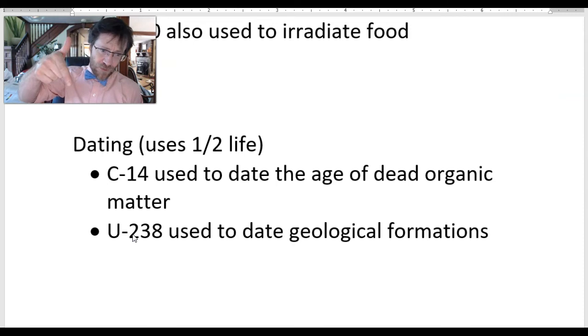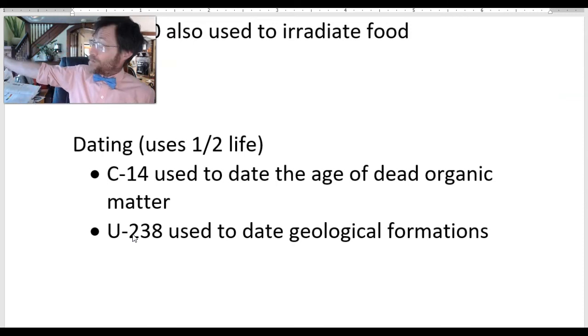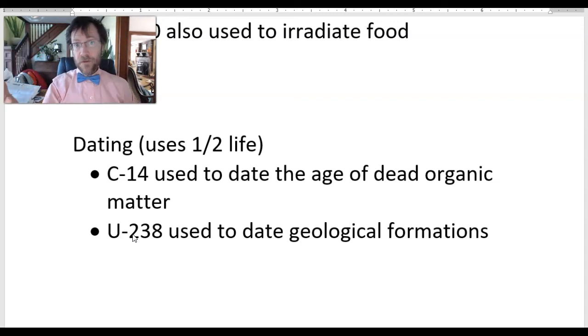Because what we do is we use uranium-238. And so if you go up into the Adirondacks and dig a core of granite, which is what the Adirondacks are, you compare the amount of uranium-238 to the amount of lead that's in the rock. Uranium-238 is radioactive, and it basically decomposes into lead.